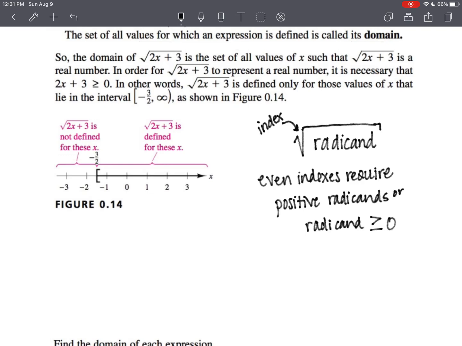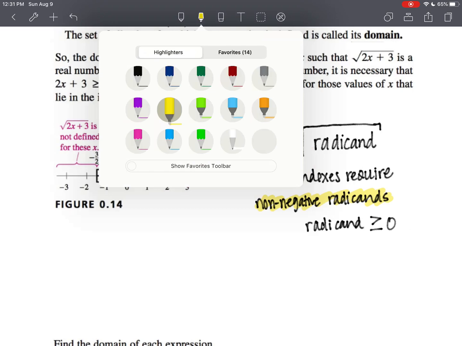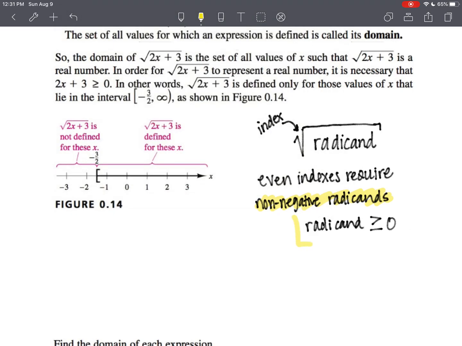Positive radicands or 0, so non-negative. Let's change that to non-negative. That's a much better way to say it, rather than positive or 0, just non-negative. Non-negative radicands algebraically transfers to this.